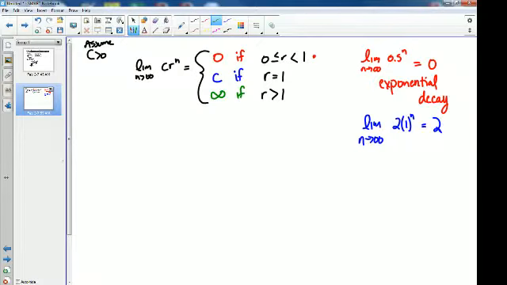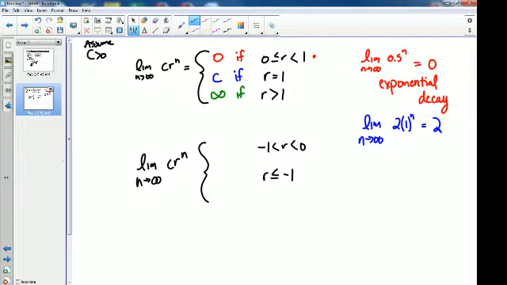What about the negative cases? Negative 1 to 0, and then less than or equal to negative 1.